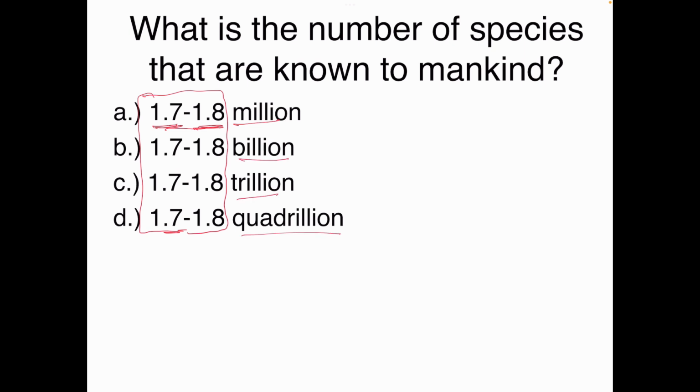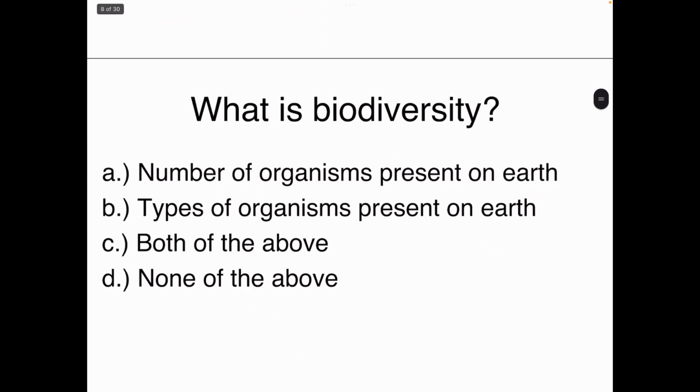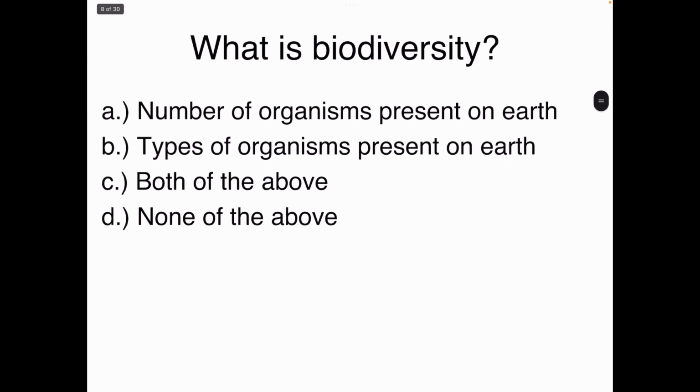So the answer here is A. Moving on to our next question, what is biodiversity? Option A, number of organisms present on earth. Option B, types of organisms present on earth. Option C is both of the above, and option D is none of the above.